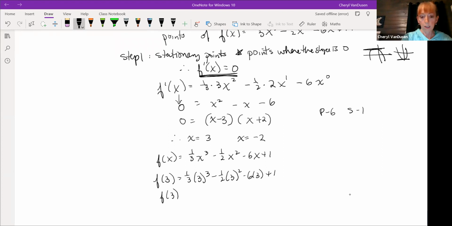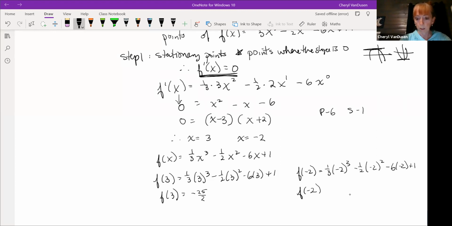And so you can just do the math. This is fine to do in your calculator. It turns out to be -25/2. I'm not going to worry about doing the math there. That's kind of not the point. And then we're going to put f at -2 in. So 1/3 times -2 cubed minus 1/2 times -2 squared minus 6 times -2 plus 1.